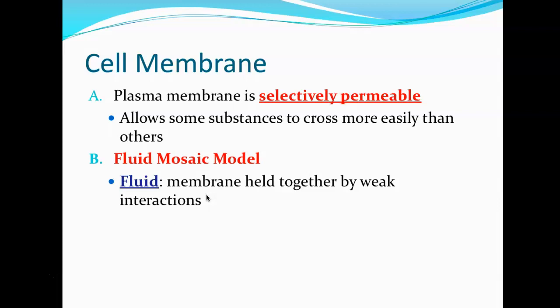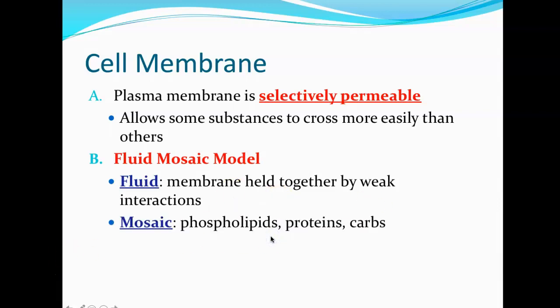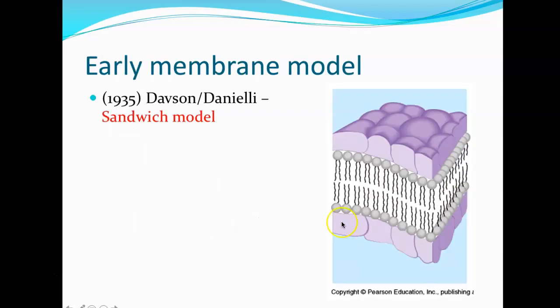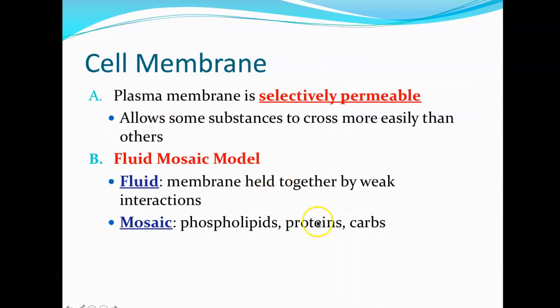If you think about phospholipids next to each other, the interactions are like van der Waals interactions between the fatty acid tails of the phospholipids. What makes the cell membrane mosaic is that you have proteins and carbohydrates mixed into the phospholipid bilayer, like that picture you can see on the bottom of your paper there. So if you need to pause, go ahead and pause now because I'm going to move on to the next slide.